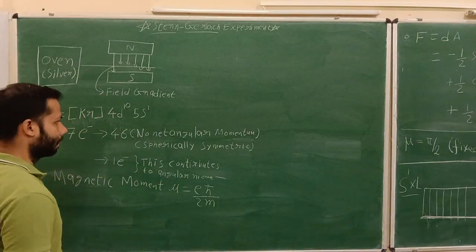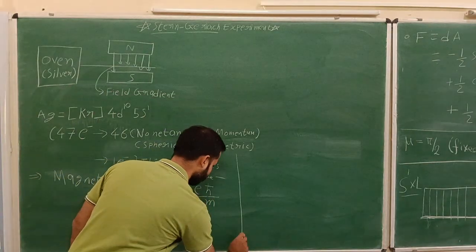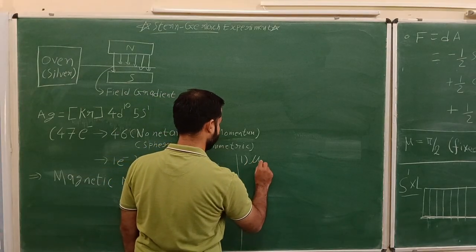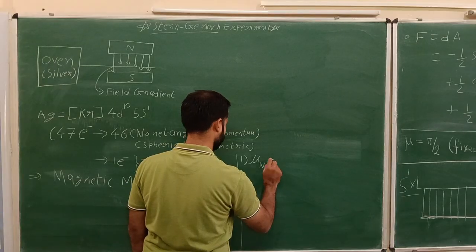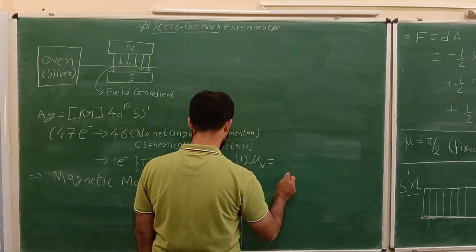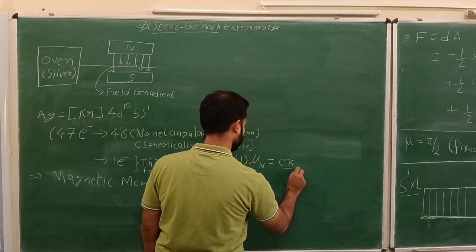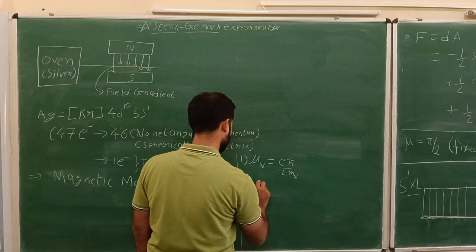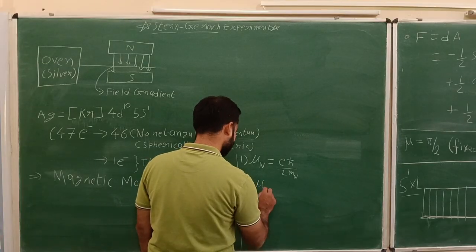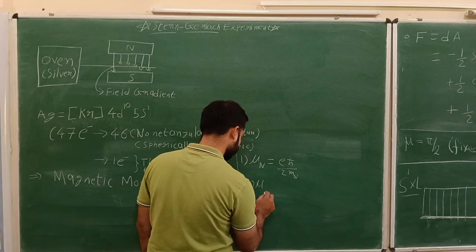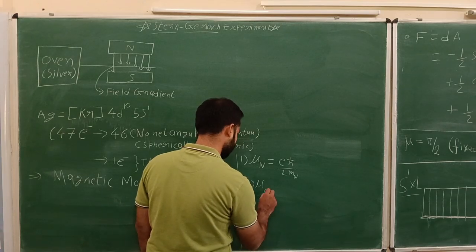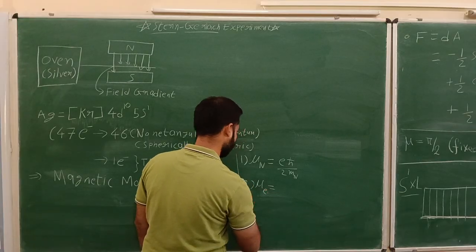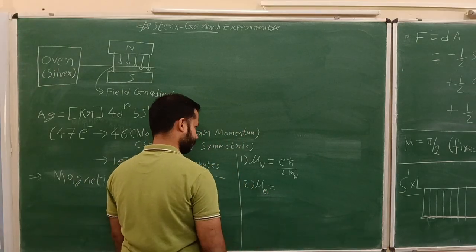So the magnetic moment of the nucleus, and that will be the mass of the nucleus, and the magnetic moment of an atom as a whole. Not, sorry, the magnetic moment of an electron.